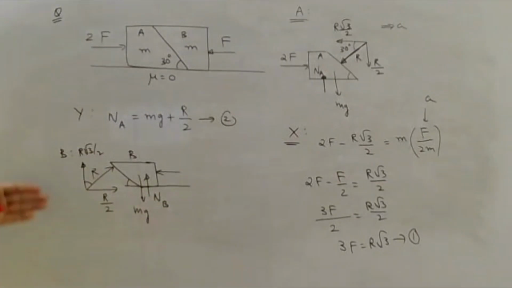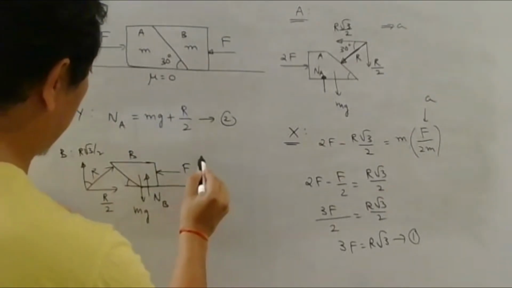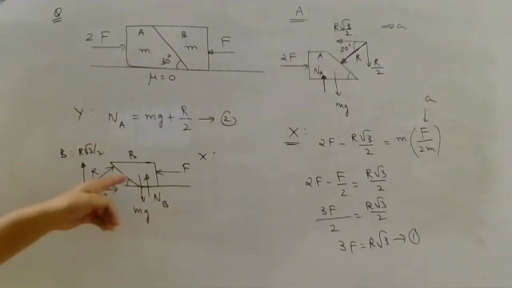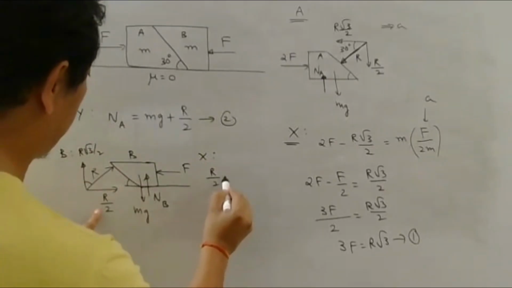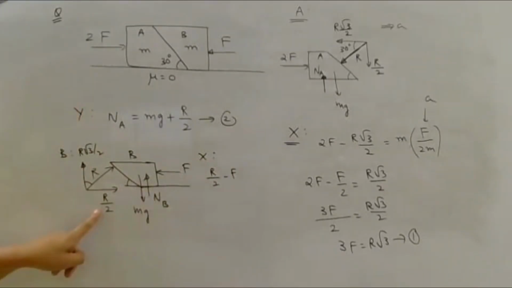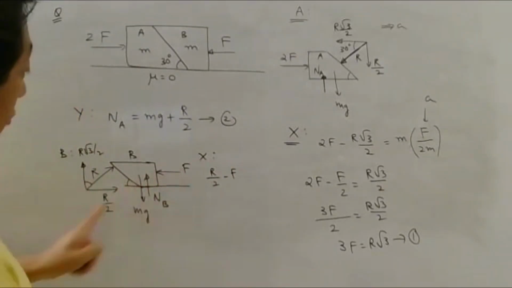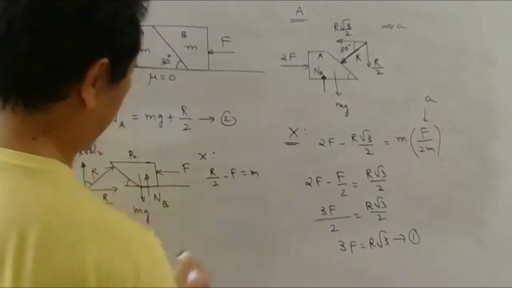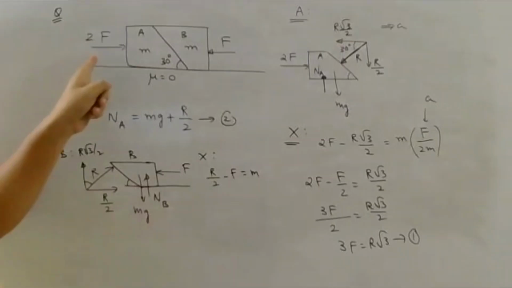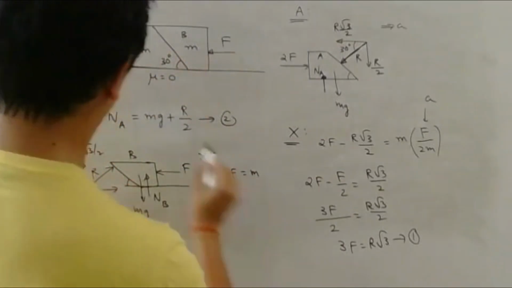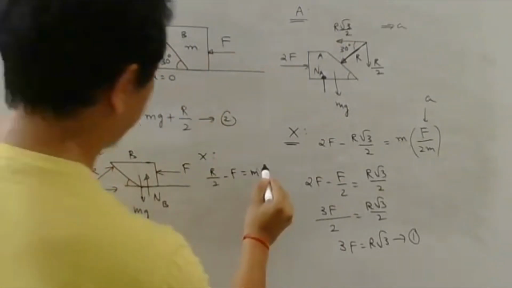Now along the x-axis, what is the total force on block B? R by 2 minus F, right? That should be equal to M into A. What was A, students? Can you check? I can do it from here only. F by 2M.